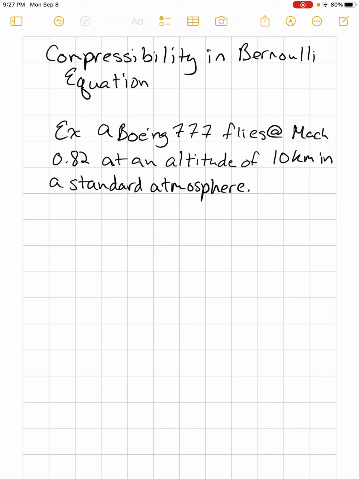Determine the stagnation pressure on the leading edge of the wing if the flow is incompressible and if it's compressible isentropic. So I'm just going to abbreviate this and say determine the stagnation pressure.